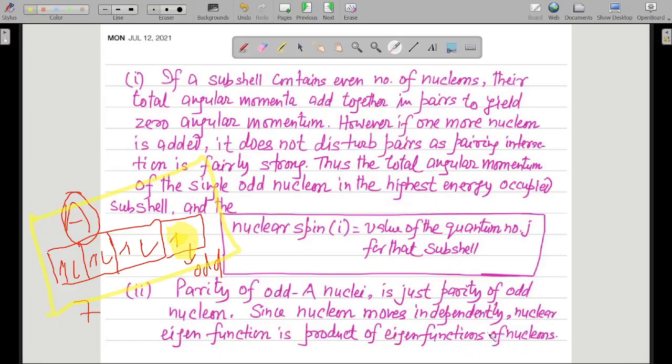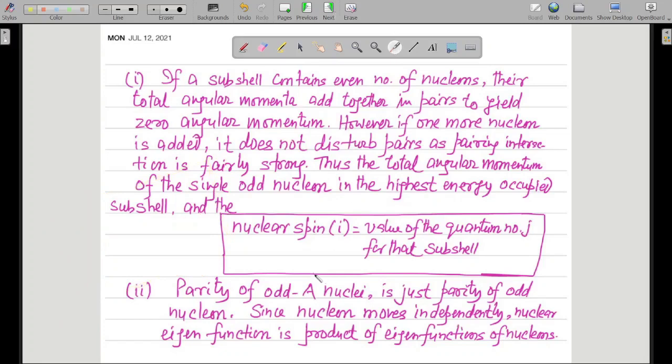If you haven't learned quantum mechanics, then you won't understand this particular concept. But I am also going to teach you quantum mechanics and complete the playlist after some time. But for the time being, just understand this.